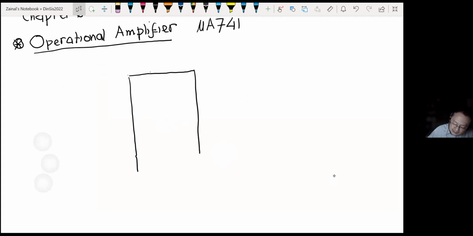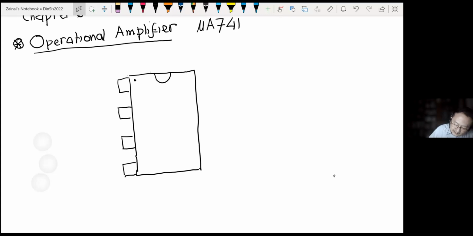There is a dot there, like a notch. We have 4 pins on one side, and 4 pins on the other side, something like this.